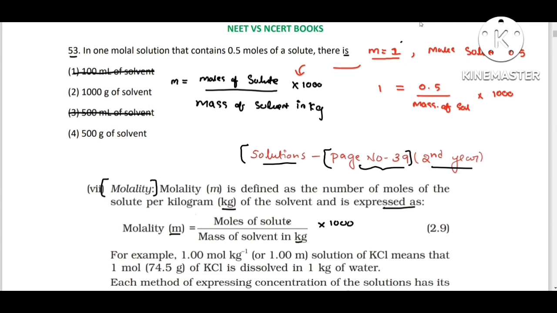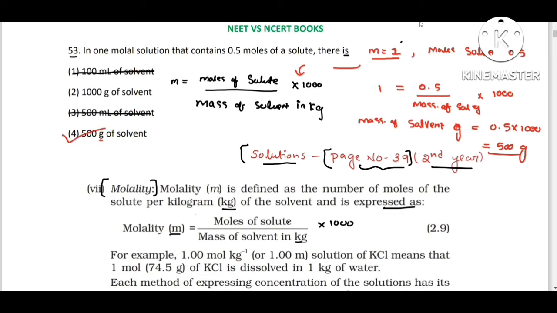Here we observe that the answer is in grams. That's why we multiplied with 1000 into grams. Here the mass of solvent in grams equal to 0.5 into 1000. This will give rise to 500 gram of solvent.